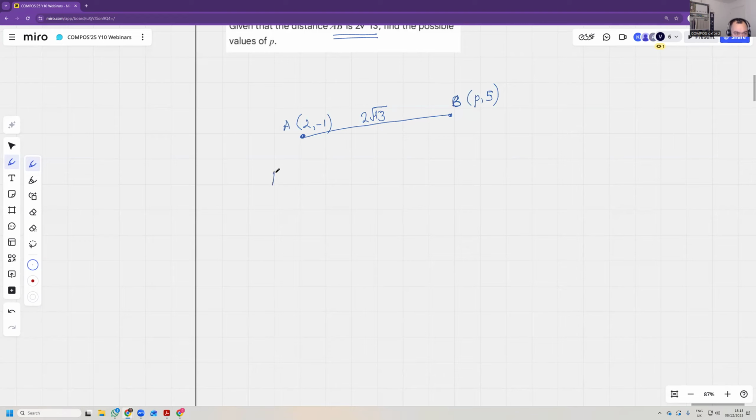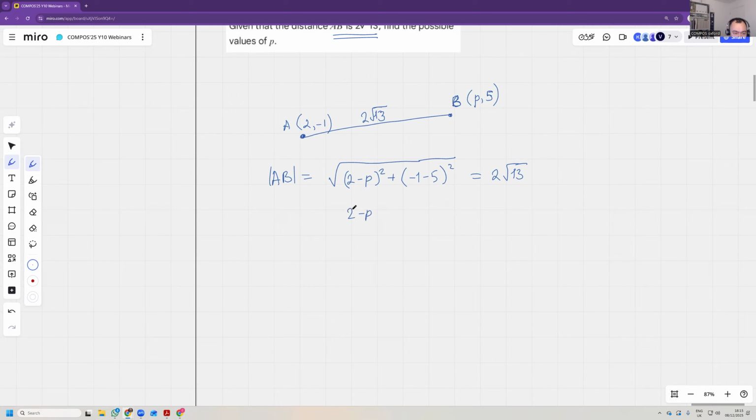We know that the distance from A to B, the modulus of vector AB, is the square root of (2 minus p) squared plus (-1 minus 5) squared. And we know that this is equal to 2 square root of 13. Now, I don't like square roots, so let's get rid of them.